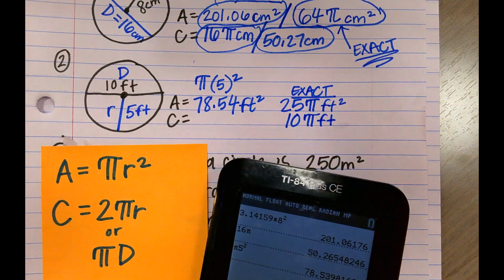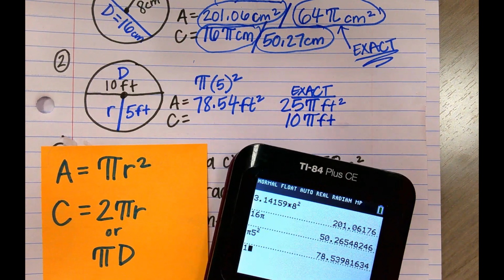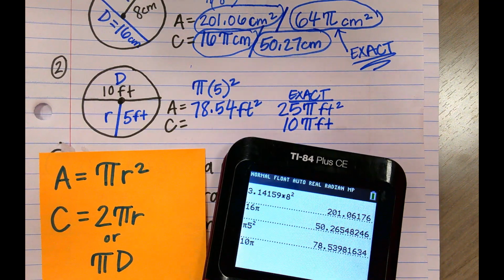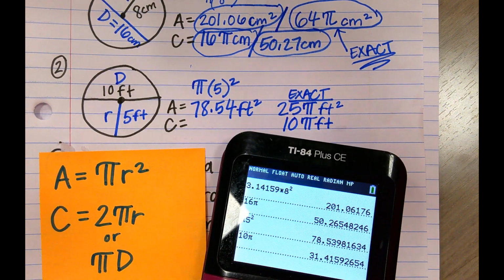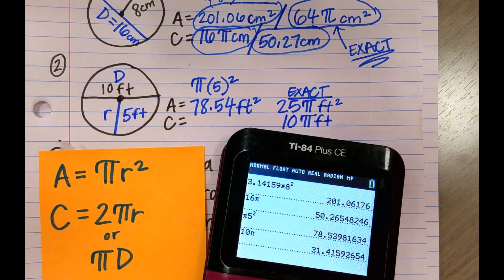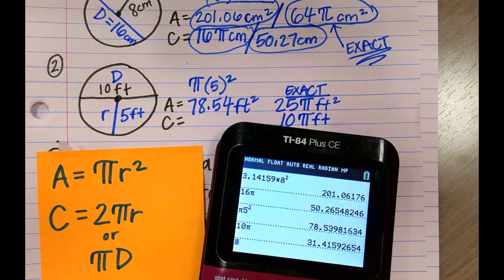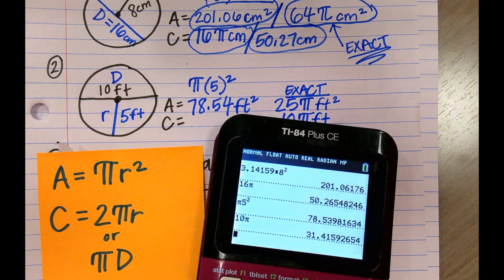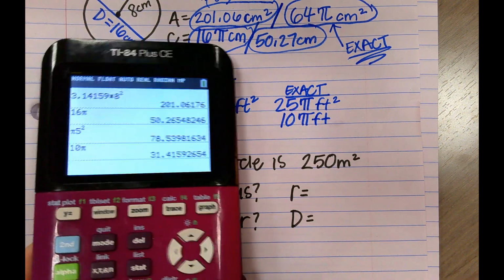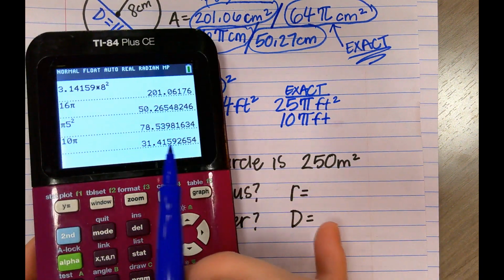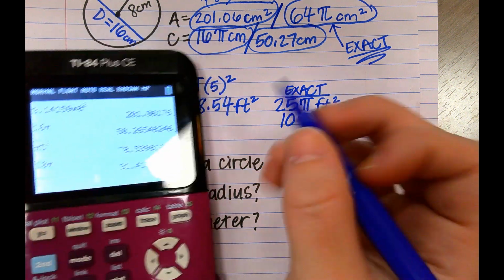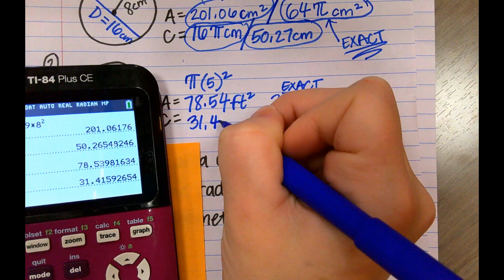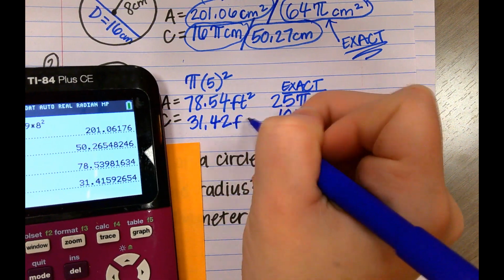Now we'll type it in and get an approximation. 10 pi. And I got, oh, I should have known. You just move the decimal over. 31.41592654. It's just pi with a decimal place moved. That's what happens anytime you take something times 10. You're just moving that decimal over. So it's 31.4 feet.